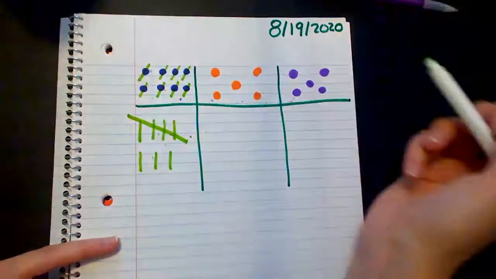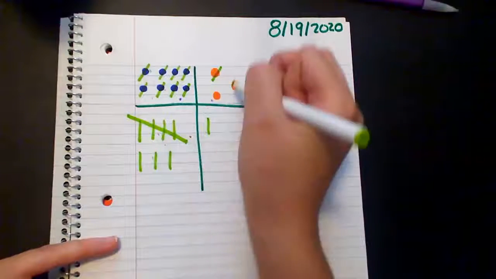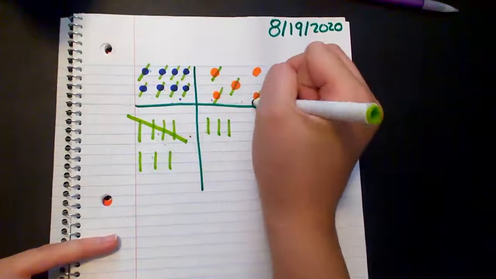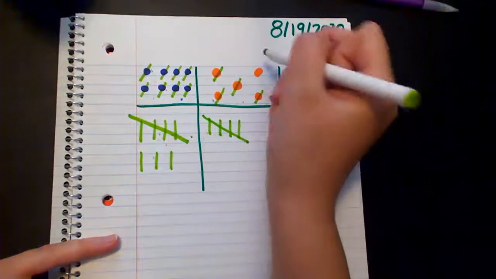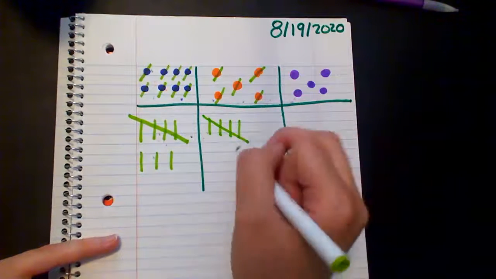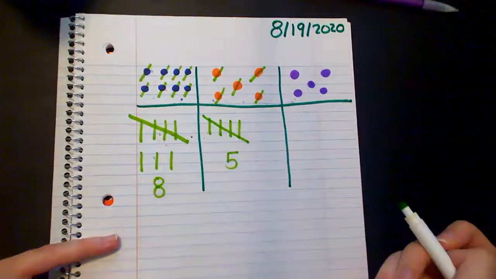So we're going to do the same exact thing that we did with the blue Skittles. 1, 2, 3, 4, and then with our 5th one, we're going to cross it over like a seatbelt. 5. Okay, so there we have 5 Skittles here, and we have 8 Skittles here.